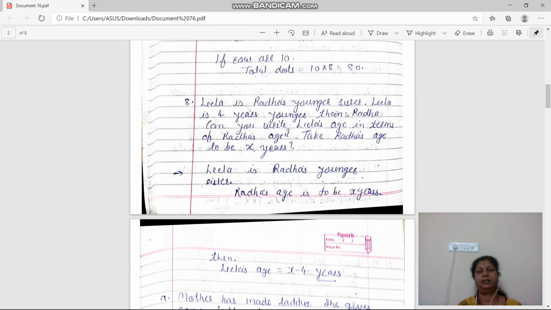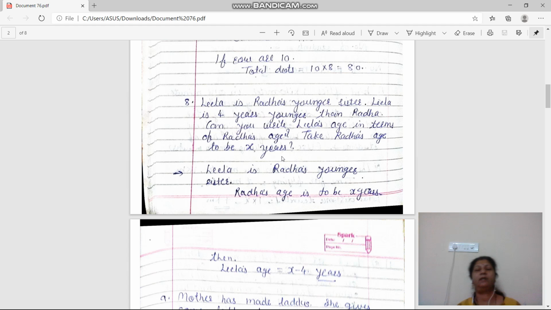Leela is Radha's younger sister. Leela is 4 years younger than Radha. So who is the elder one? Radha is the elder one and Leela is the younger one. Can you write Leela's age in terms of Radha's age? Take Radha's age to be x.